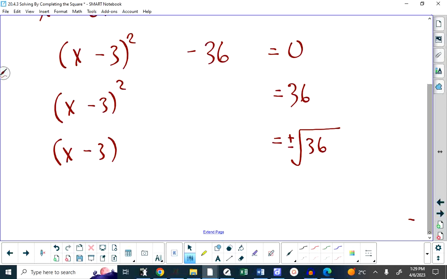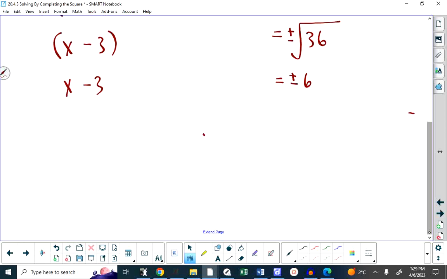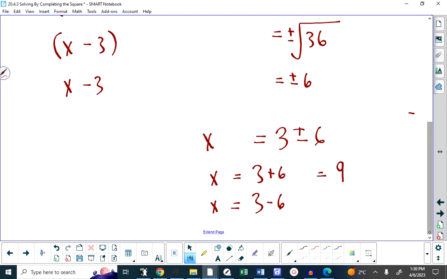Okay, so we have x minus 3, we don't need brackets, equals plus or minus 6, which means x is equal to 3 plus or minus 6, because I add 3 to both sides. Which means x is equal to 3 plus 6, and x is equal to 3 minus 6: 9 and negative 3.